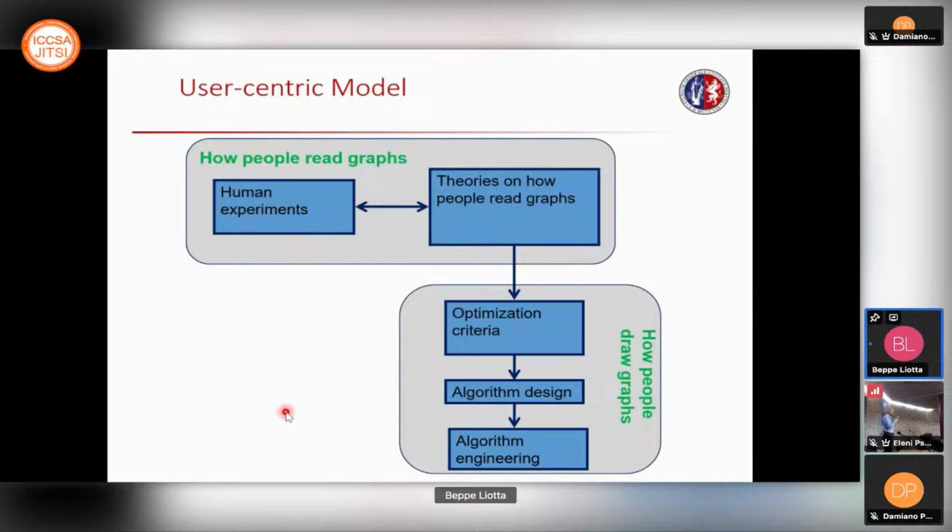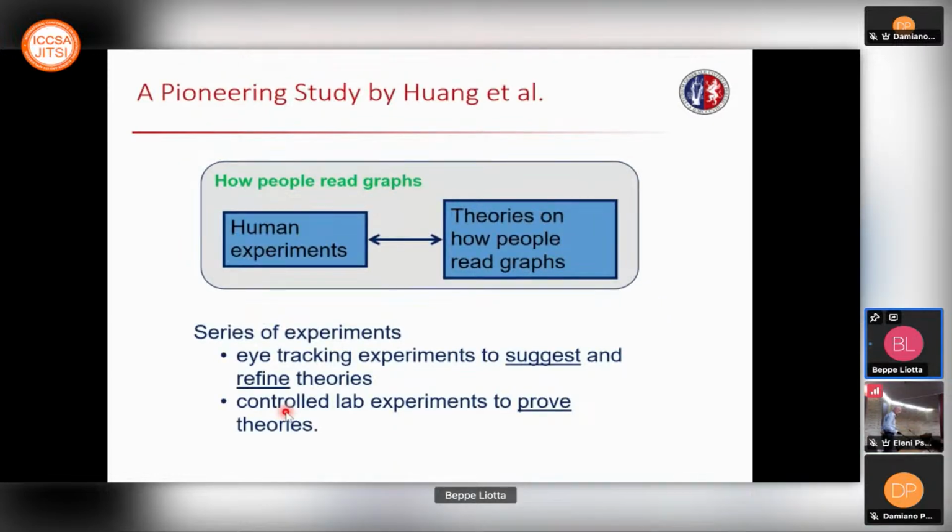Based on the theories, you find the optimization criteria, then the algorithm design, and finally the algorithm engineering part. A pioneering study in this user-centric model is by Peter Eades and his group in Sydney, Huang, Hong, and others, who in 2007, if I remember correctly, started a series of experiments using an eye tracker.